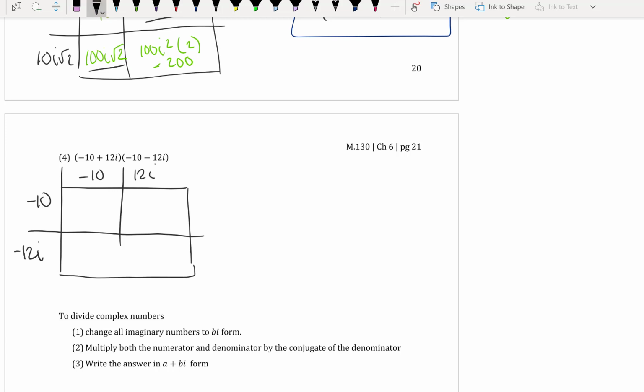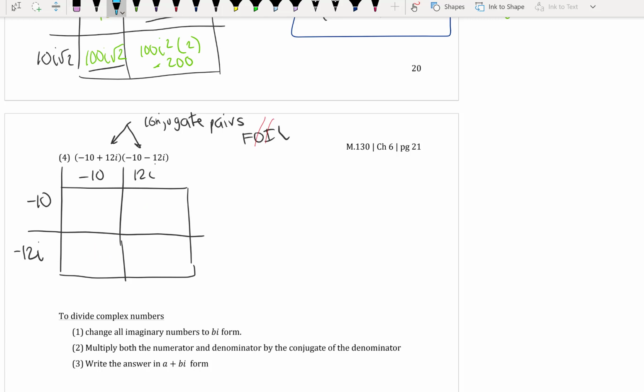Then that means it's going to be less work for you. And the pattern that I see is that these are conjugate pairs. And whenever you have conjugate pairs, when you FOIL, you already know that the outer and the inner are going to cancel out. So you already know what's in this box and this box are going to cancel out. That's your outer and your inner. But let's prove it.